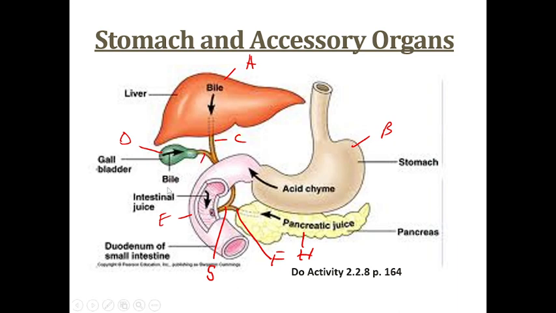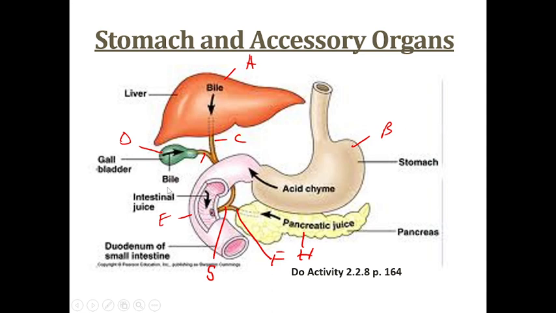And then D, gallbladder. E, duodenum. Then what is F?